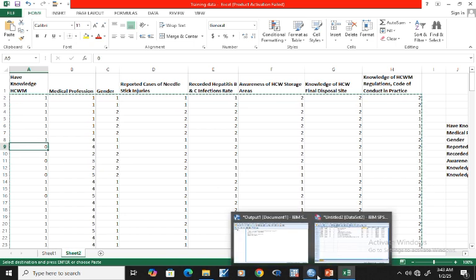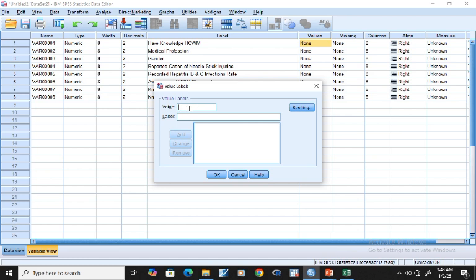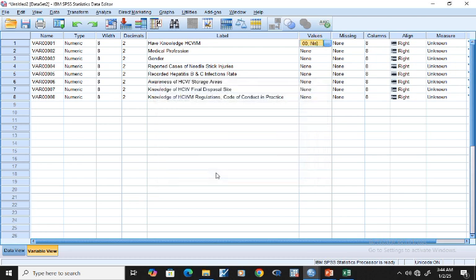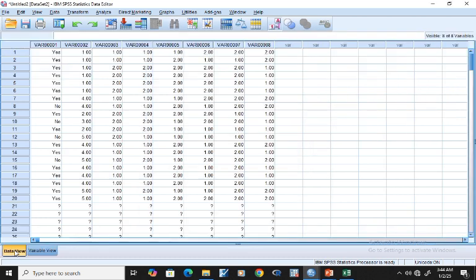So we'll go there. We have 0, no knowledge, and we have 1, yes. Okay. Immediately you notice that it has been transformed.